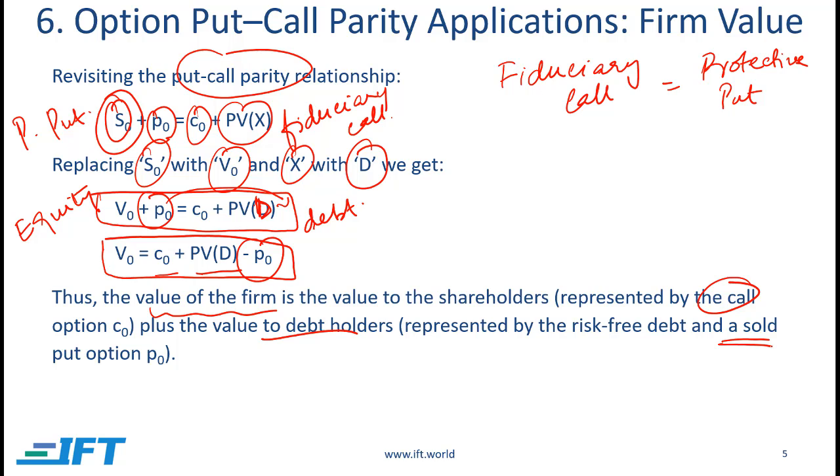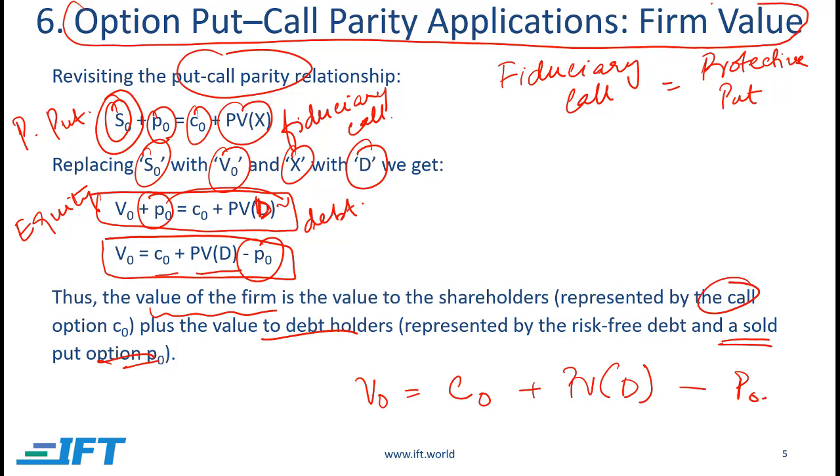They have sold a put option, so a negative sign is there for the put option. So the value of the firm is equal to call option plus the present value of debt minus the put option, and this is your put call parity application for firm value.